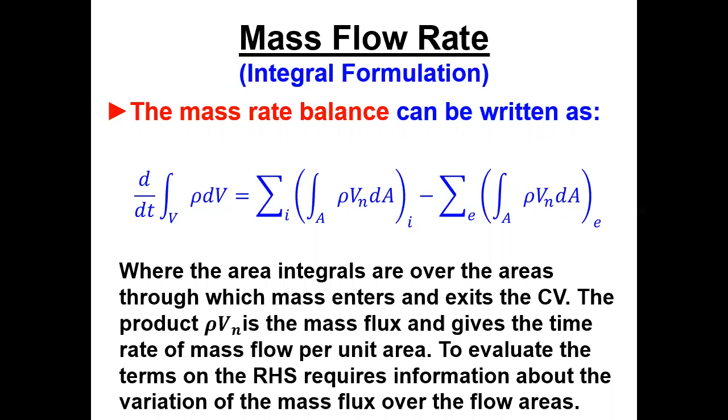To evaluate the terms on the right-hand side requires information about the variation of mass flux over the flow areas. Yeah, you can't integrate it if you don't have functions that describe it. Otherwise, you just indicate it in a general form such as this.